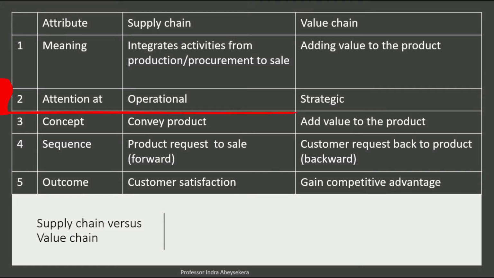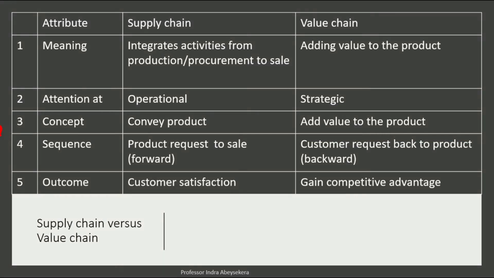Attention on the supply chain is at the operational level. Attention of value chain is at the strategic level. The concept behind the supply chain is conveying the product to the customer, and on the value chain is adding value to the product.